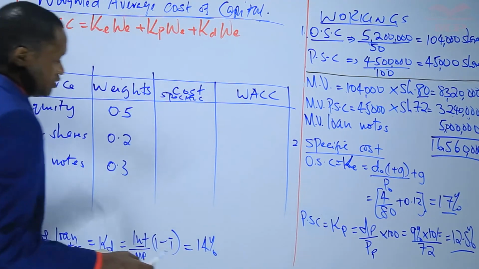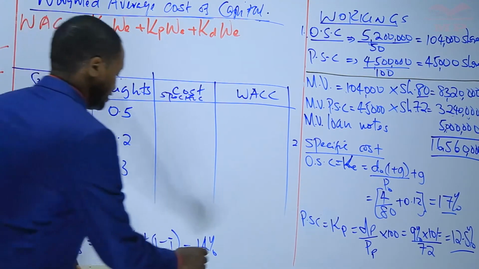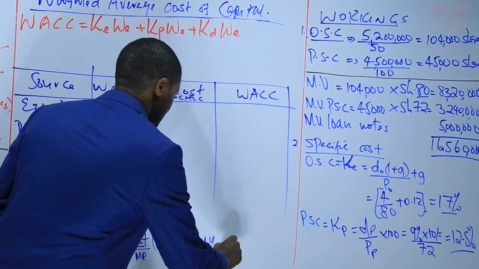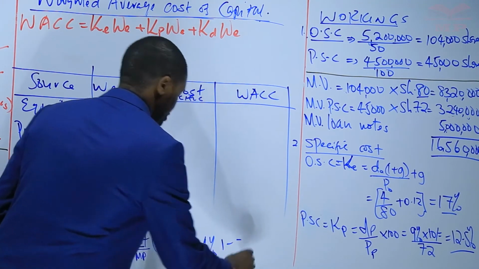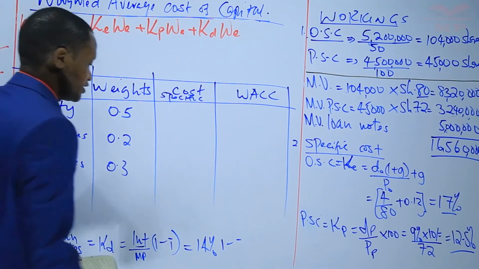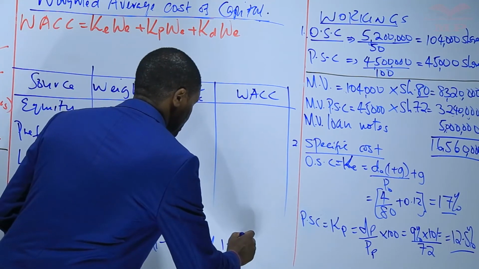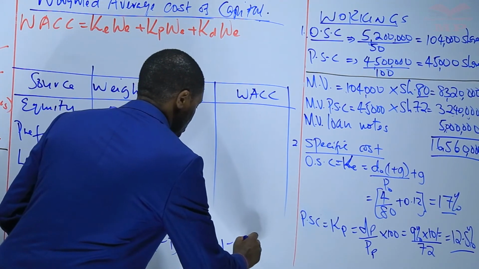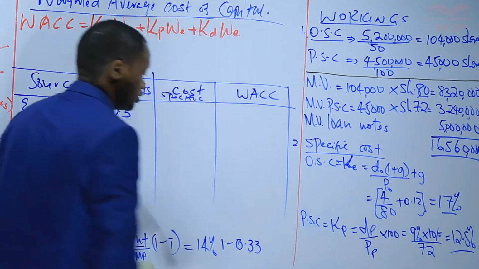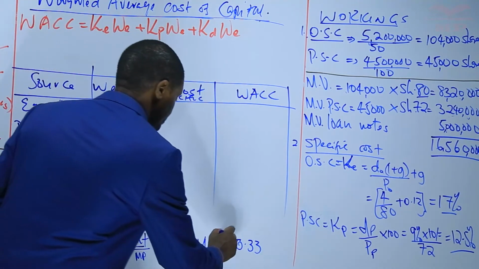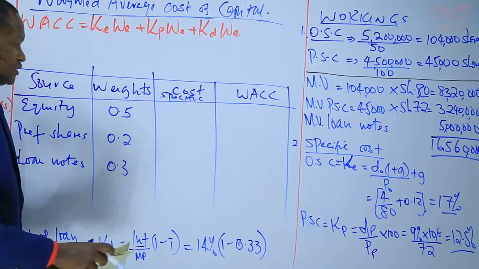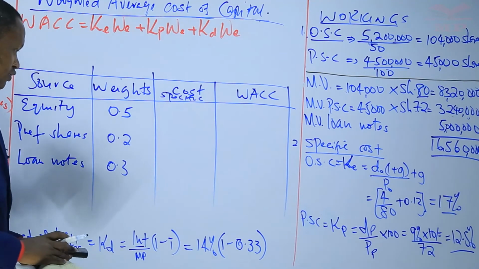Therefore, we just apply the factor 1 minus T, and we know the taxation is 33%, which is equivalent to 0.33 when you convert it into decimal. So that will give us the cost of loan notes.